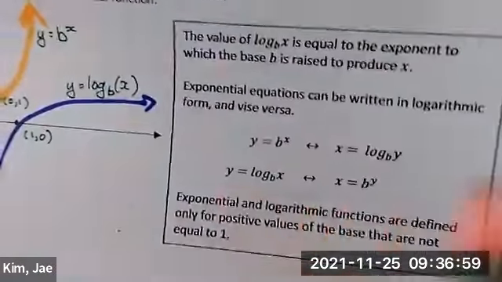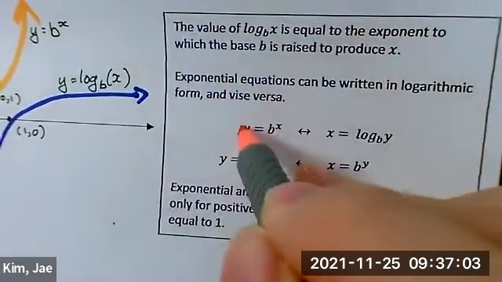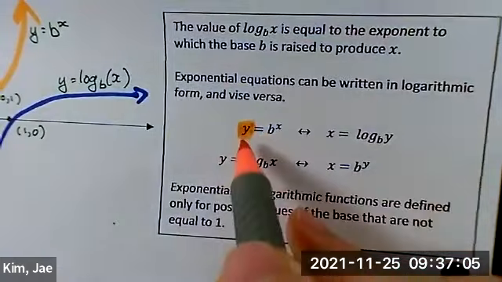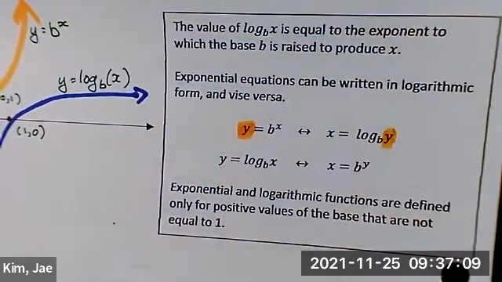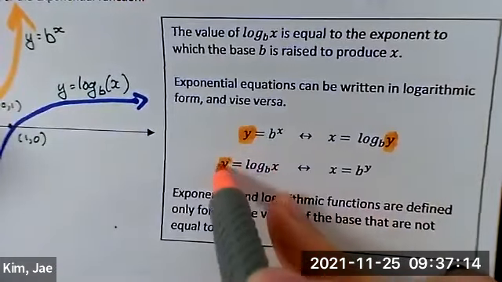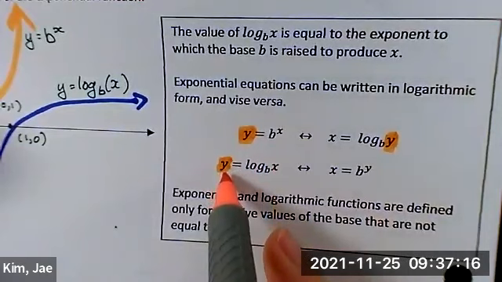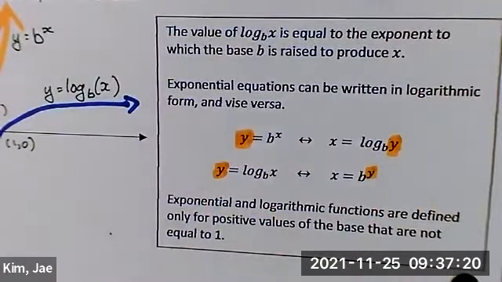That's why I wrote this. Maybe it became more confusing to you. The original answer of an exponential function, you will find it being plugged into the logarithmic function. And the answer of a logarithmic function is the exponent of the exponential function.